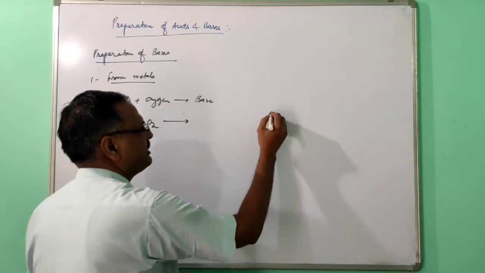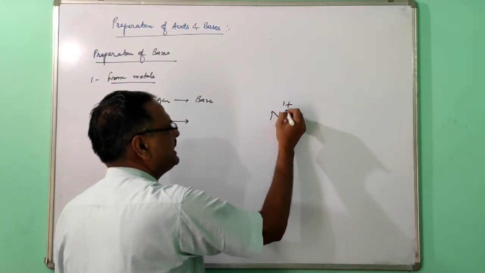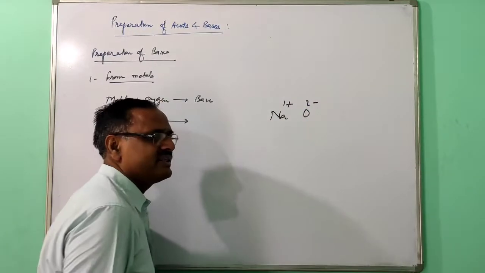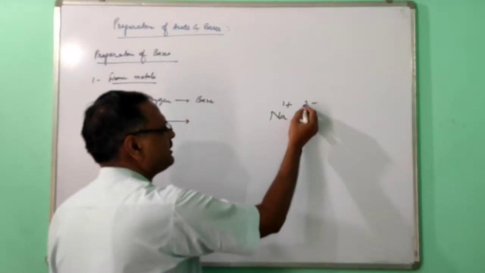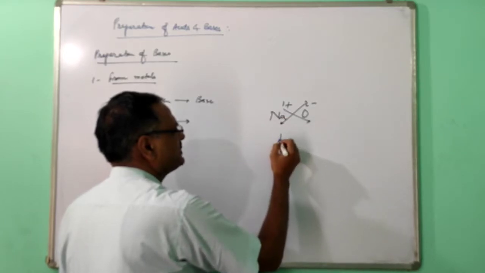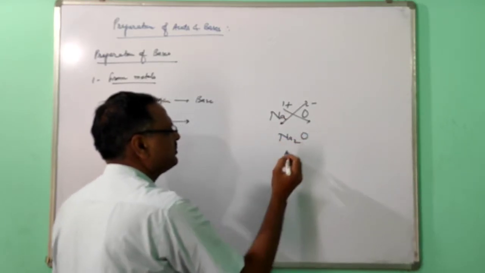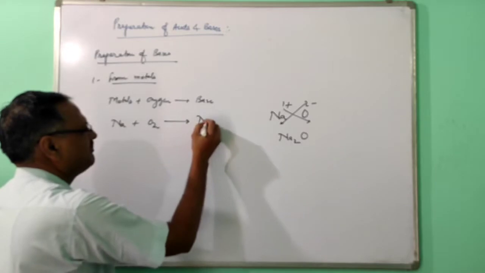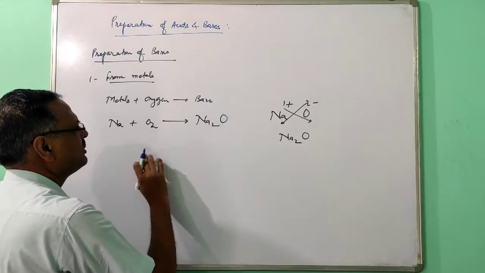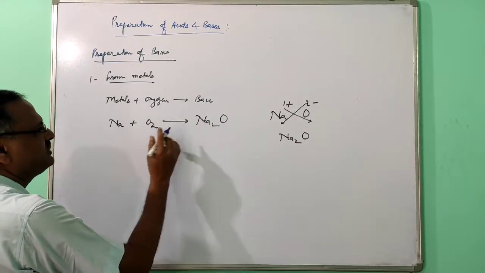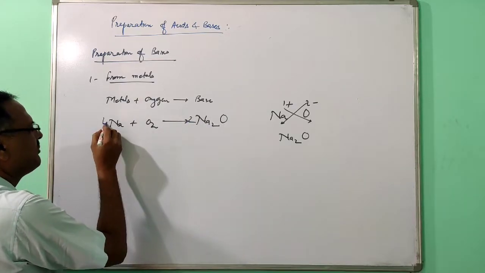How can you write sodium oxide? Sodium valency is 1, oxygen valency is 2 minus. So this will be crossed here, this will form Na2O. So oxygen 2, you can multiply it here by 4.